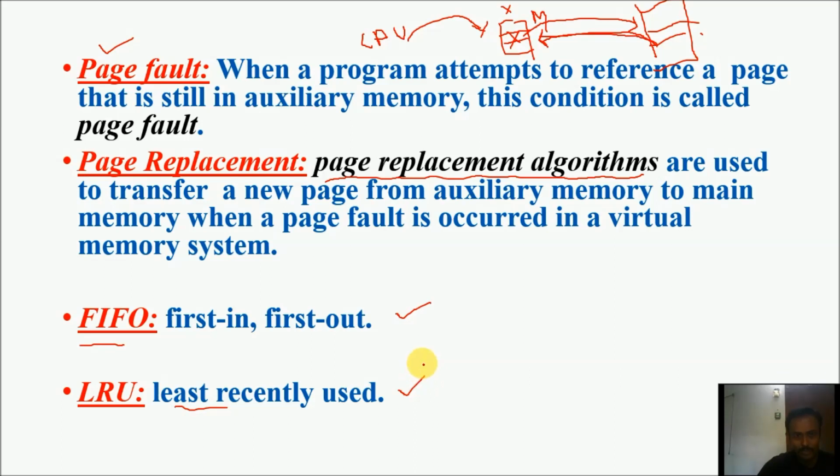These are the two algorithms that will be used to replace a page from main memory to auxiliary memory. In later sessions, we will discuss briefly the concepts of FIFO and LRU.